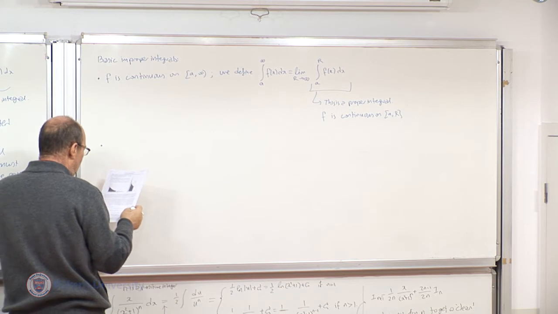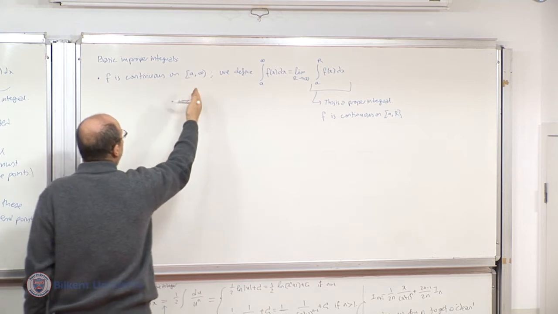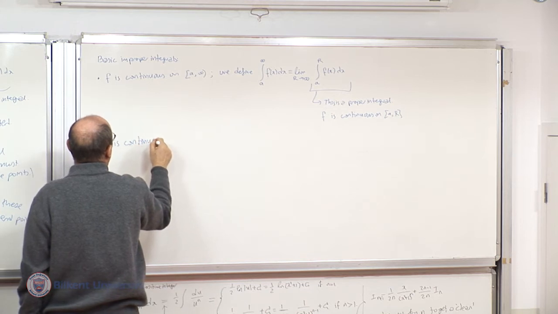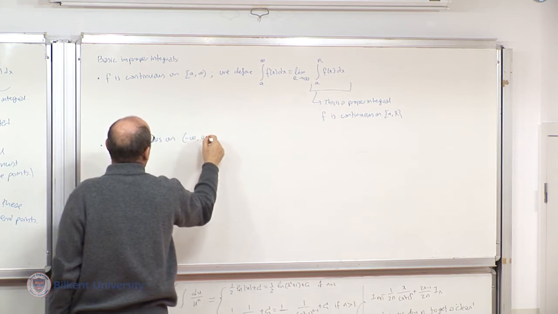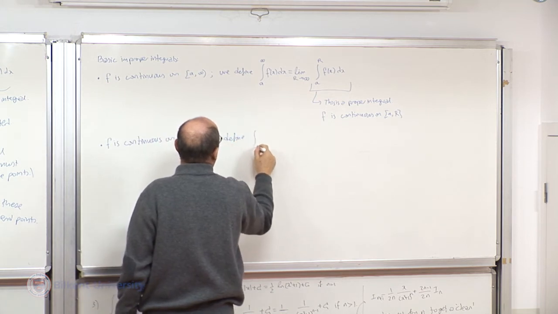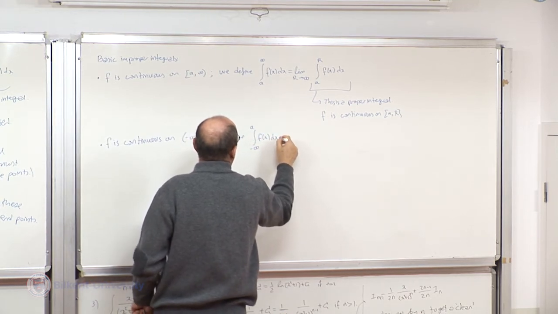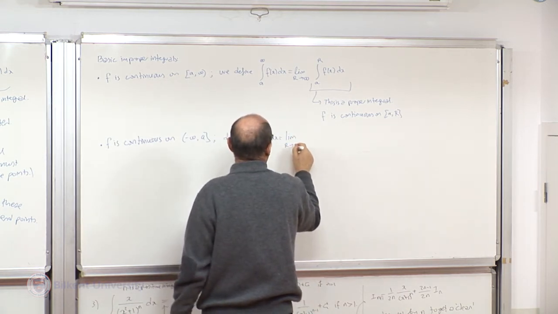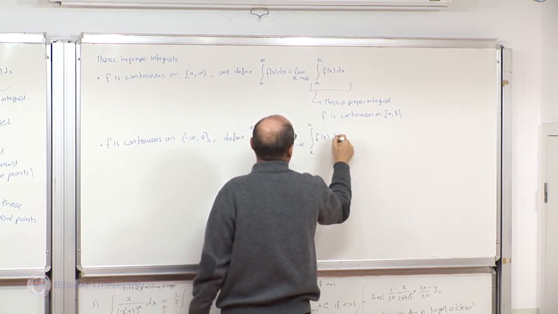So let's see. Sometimes the infinity is on the other side, so f is continuous on (minus infinity, a]. Okay, then define the integral from minus infinity to a of f of x dx as the limit as r goes to minus infinity of the integral from r to a of f of x dx.